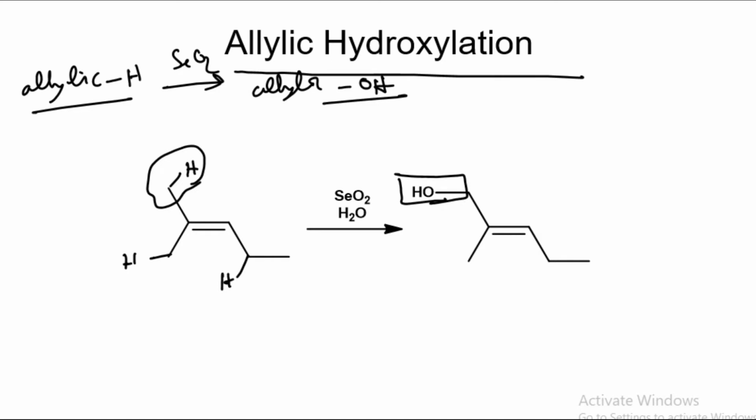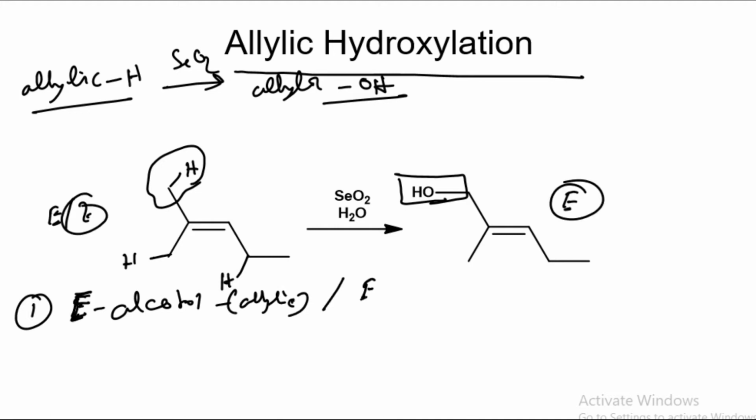So here are a few things you have to keep in mind. In most of the cases, an E allylic alcohol will be formed, or sometimes there will also be an E ketone or aldehyde formed, because of some reason; I will talk later about how the aldehydes are formed from this alcohol.